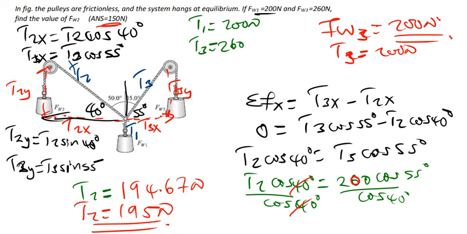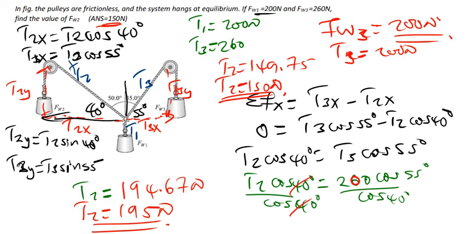So 200 cos 55, the answer you find, divide it by cos 40. You'll get T2 to be 149.75, and when you round it off, it's 150 newtons.